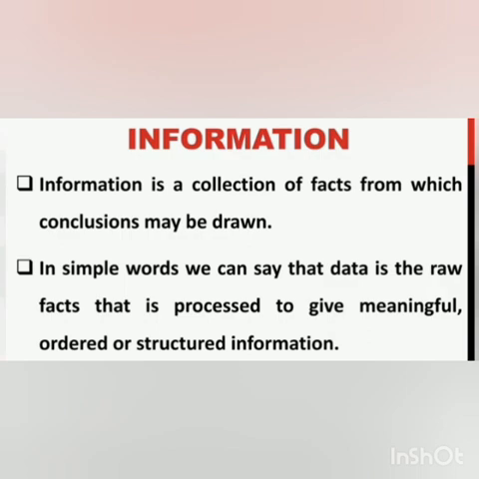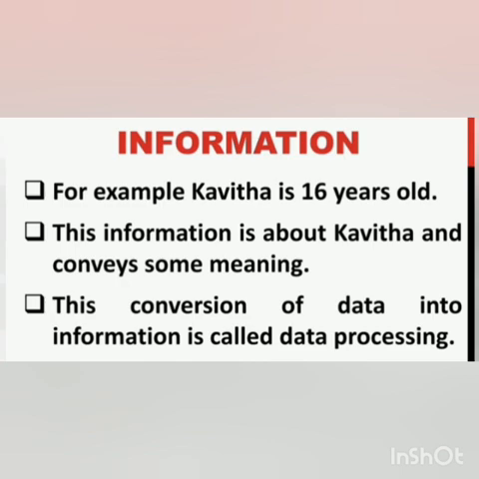In simple words, data is raw facts that are processed to get meaningful, ordered or structured information. For example, Kavita is 16 years old. See this sentence. This information is about Kavita and conveys some meaning. This conversion of data into information is called data processing.